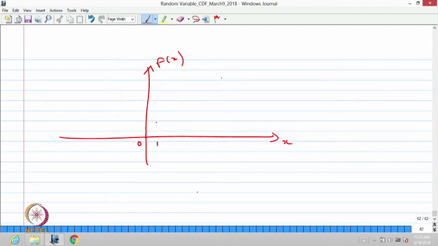At x is equal to 1, it has the second jump. At x is equal to 2, it has another jump, and so on. At x is equal to n, it has the last jump, and which gives the value 1. So, this CDF is the right continuous function with n plus 1 jump points, and the jump values are the ncx p power x 1 minus p power n minus x.